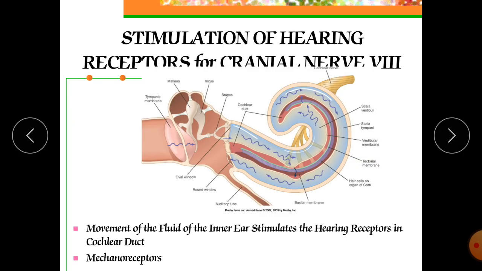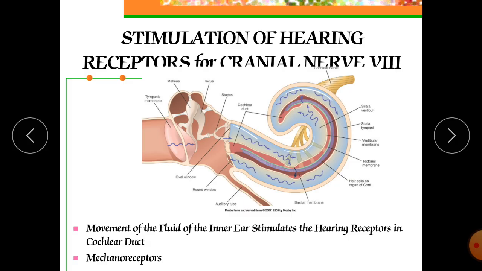Lastly they enter the endolymph of the cochlea: first the perilymph, then the cochlea, where pressure develops and is transferred from the scala vestibuli through the perilymph toward the cochlear duct into the endolymph. The pressure waves in the endolymph cause the basilar membrane to vibrate.